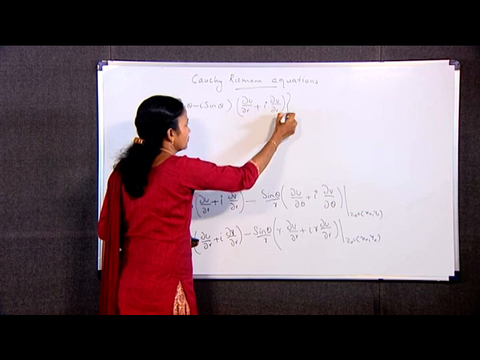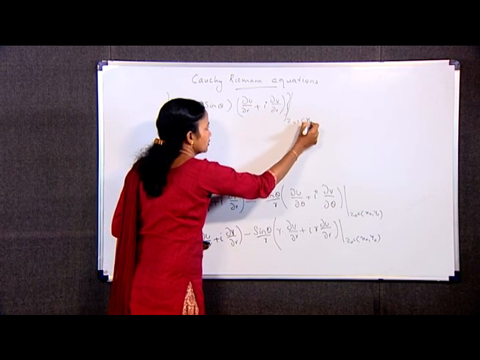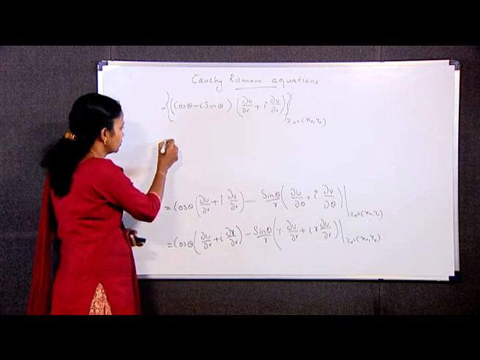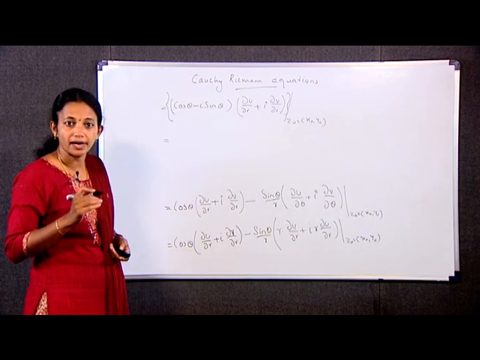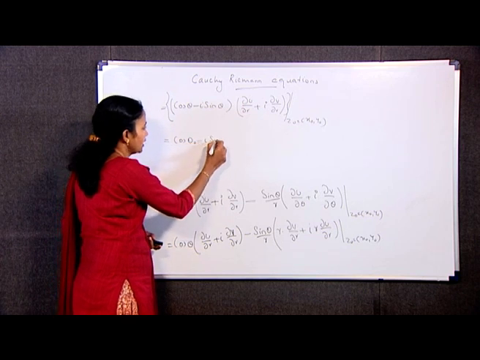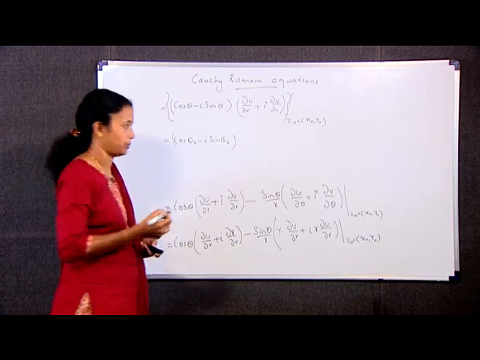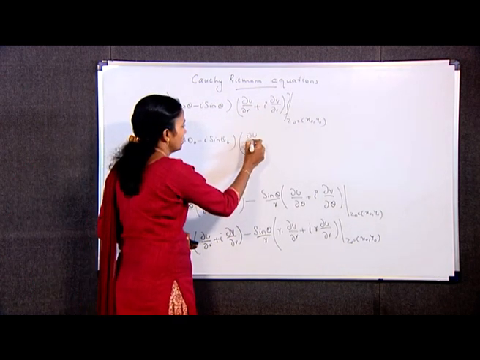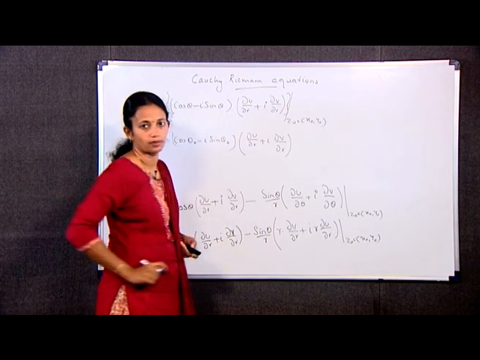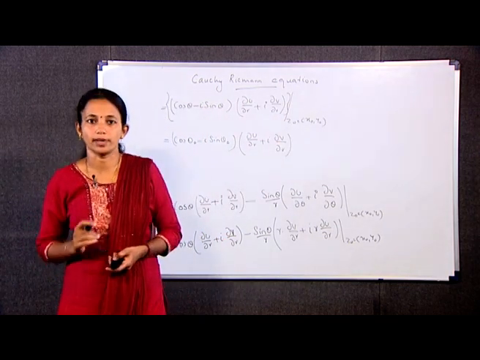At the point z naught is equal to x naught y naught, which is equal to cos theta naught minus i sin theta naught into dou u by dou r plus i into dou v by dou r, at the same point z naught is equal to x naught y naught.